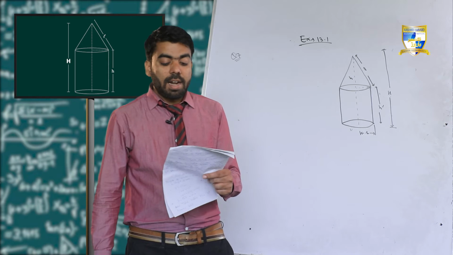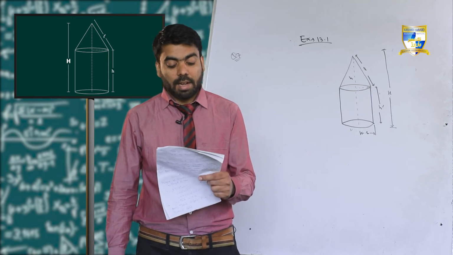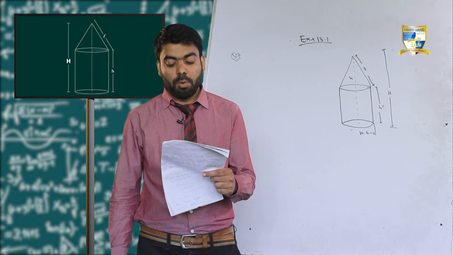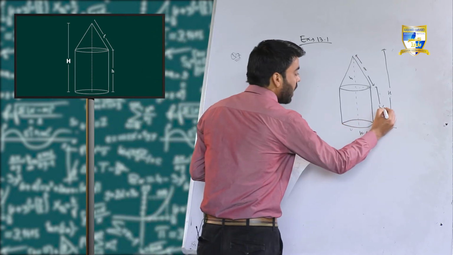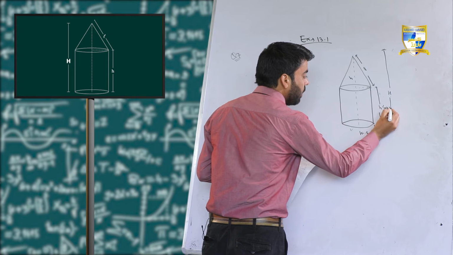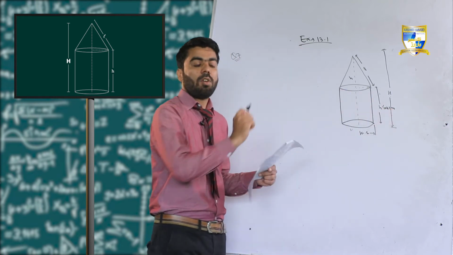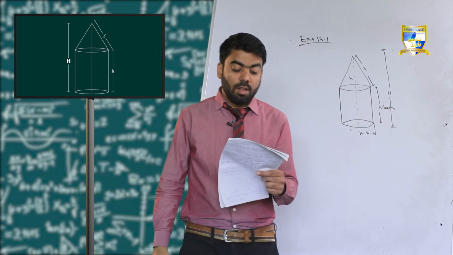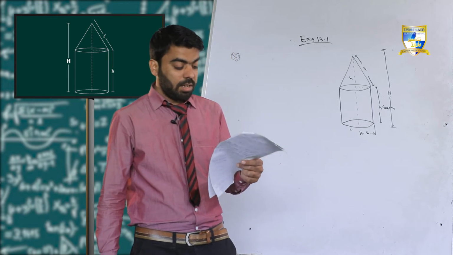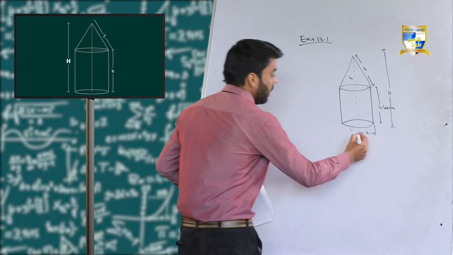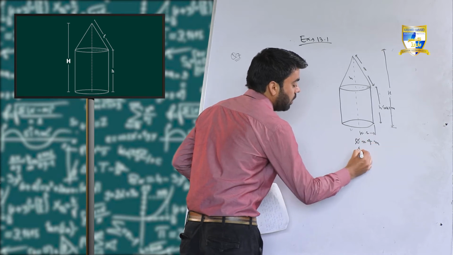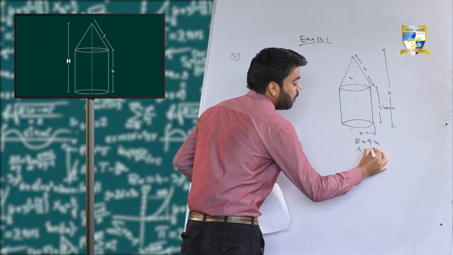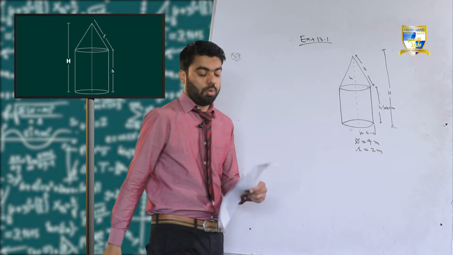If the height and diameter of the cylindrical part are 2.1 and 4 meter respectively, that means this h dash is equal to 2.1 meter, because it's the height of the cylindrical part. And 4 meter is the diameter, that means the diameter is equal to 4 meter, or in turn we can say r is equal to 2 meter, that is 4 by 2.